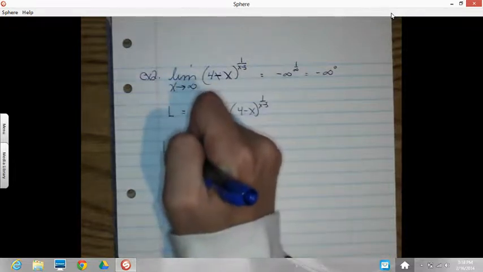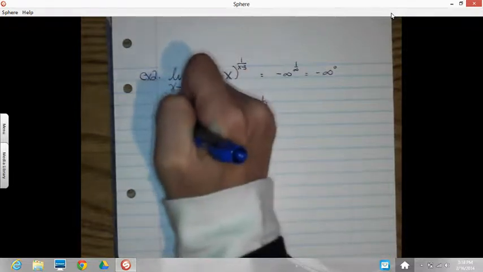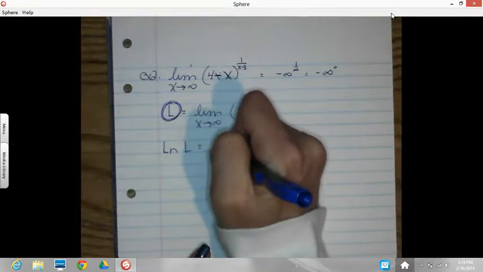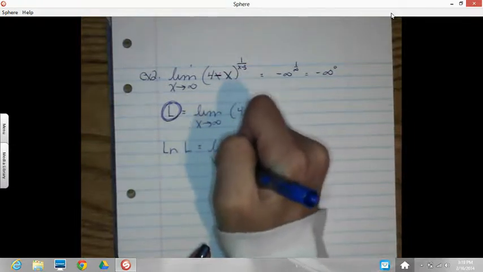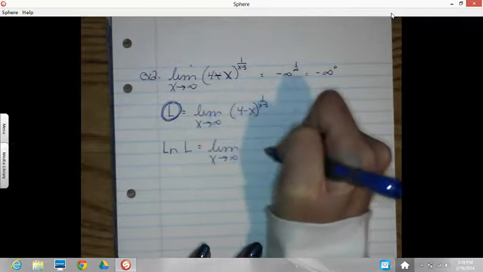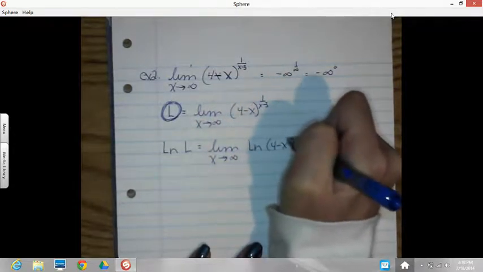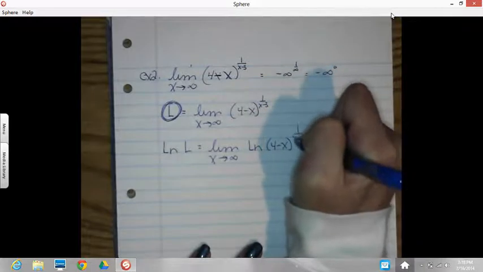So the natural log of L, remember L is my answer to my limit here at the end, equals the limit as x approaches infinity of the natural log of (4 minus x) raised to the 1 over x minus 3.